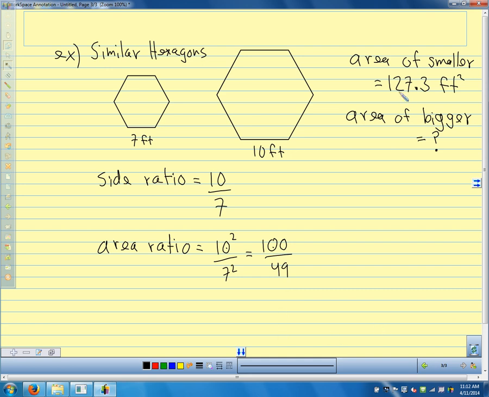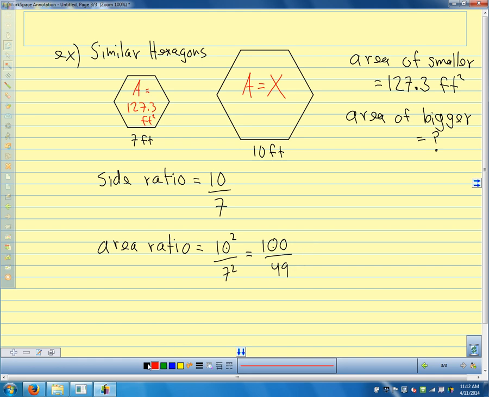The problem also tells us the area of the smaller. So this area is 127.3 square feet. And it wants us to find this area. Let's call this area X. We like to call things X when that's what we're looking for. And let's use those two numbers to write an area ratio also.